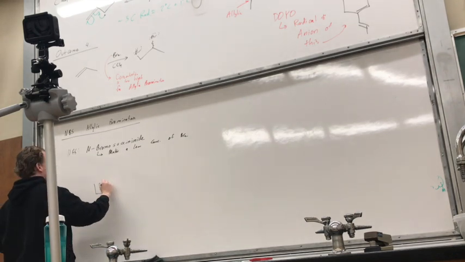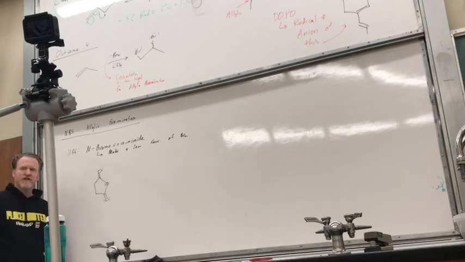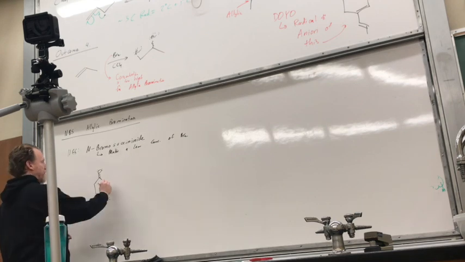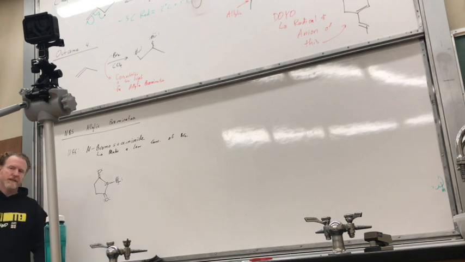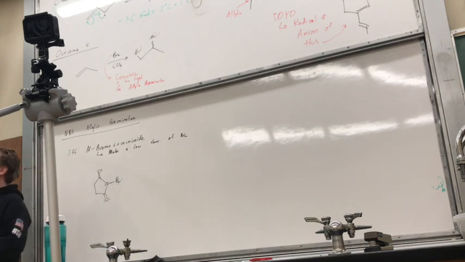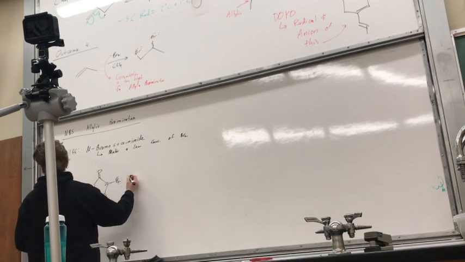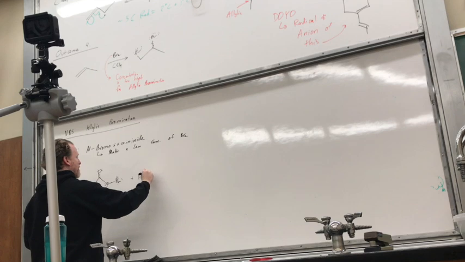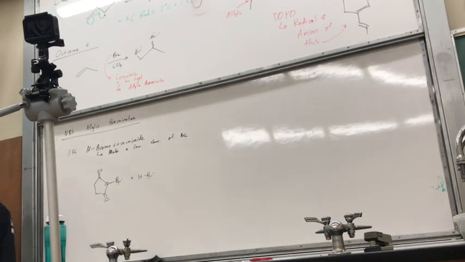Here's the molecule. If I just put a hydrogen on the nitrogen, that's succinimide. If I put a bromine there, now it's N-bromosuccinimide. When you have NBS, there's going to be a little bit of HBr around. For some reason there's a little bit of acid impurity in it.